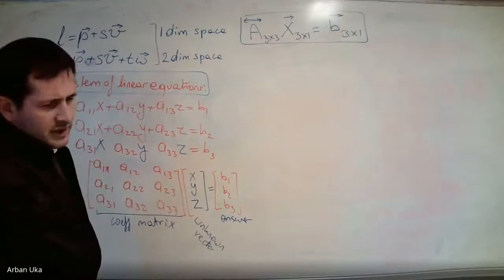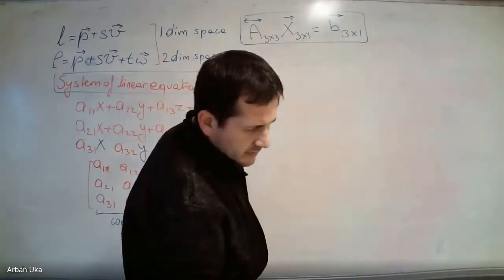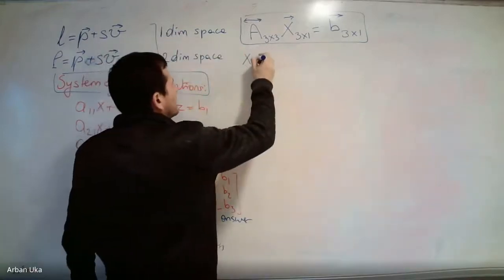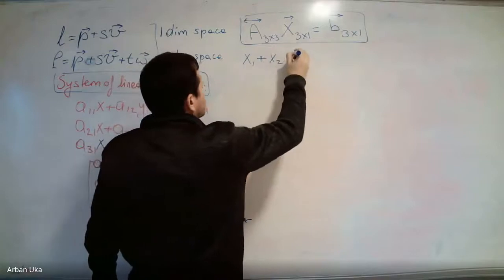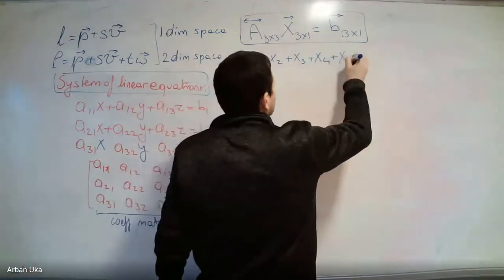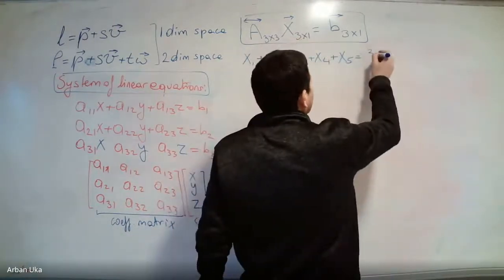Now, we can write down an example, which could be the following. Let's assume we have x1 plus x2 plus x3 plus x4 plus x5 equal to 3.